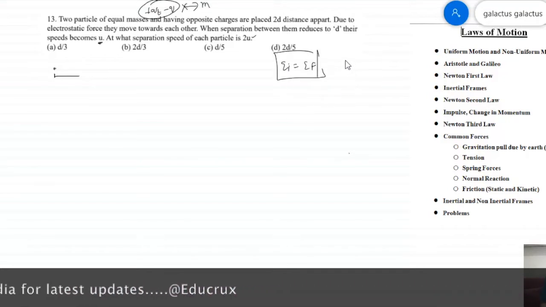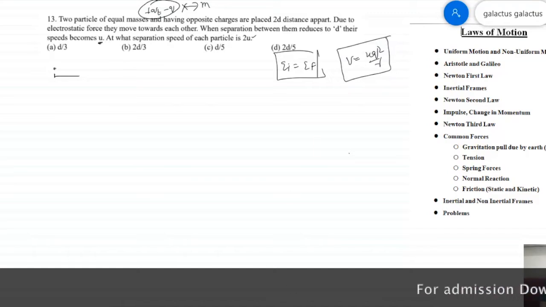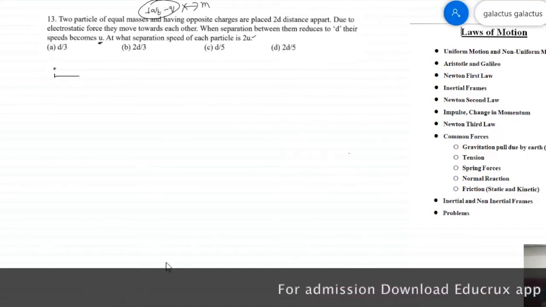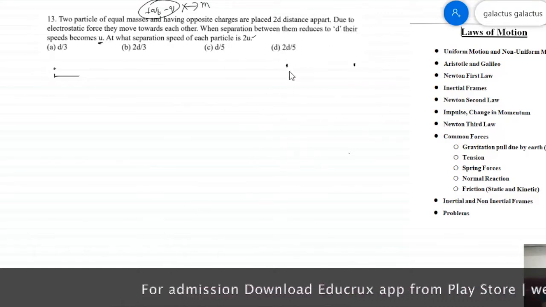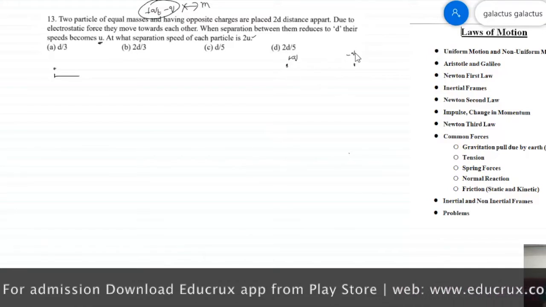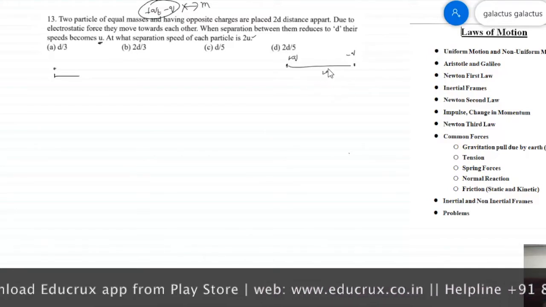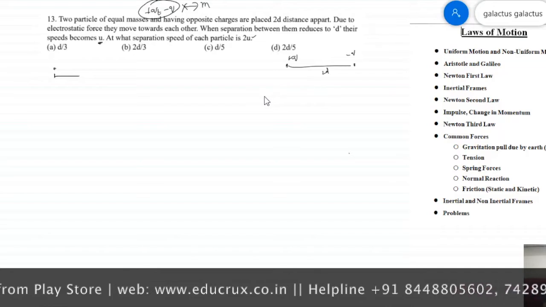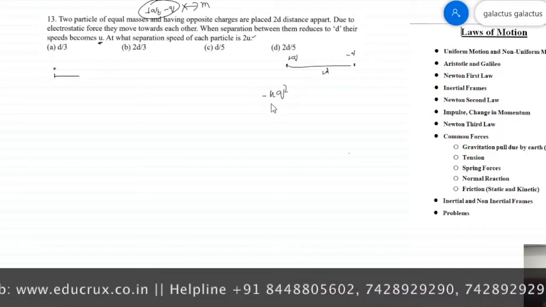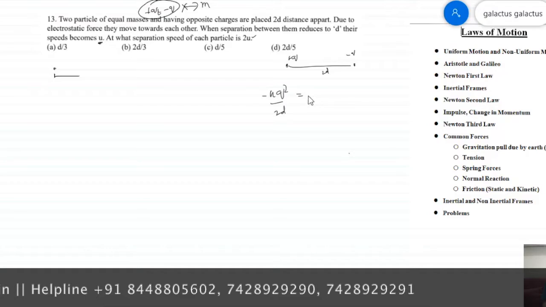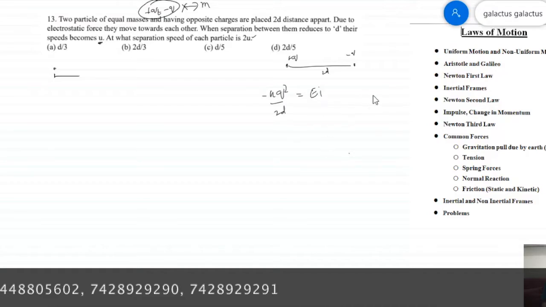And in case of charges, the potential is given by kq squared by r. Initially it is given that the two charges plus q and minus q are 2d distance apart. So when they are 2d distance apart, I can write minus kq squared by 2d as the initial energy.